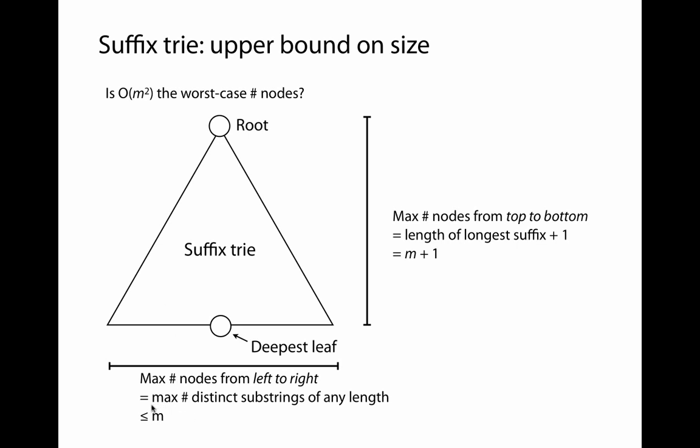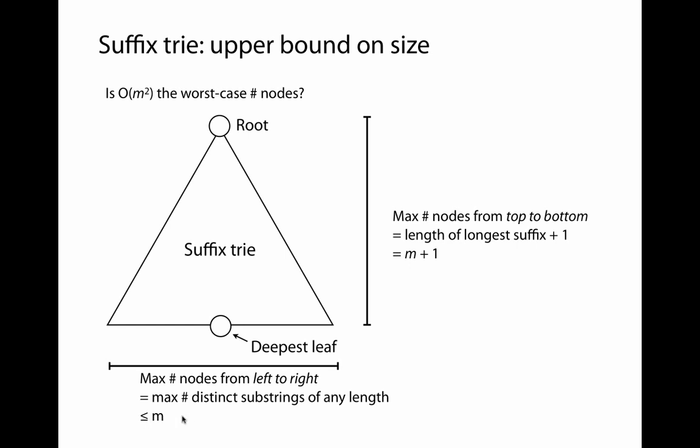And if you think about it, the maximum number of distinct substrings of any length has to be less than or equal to m. A way to think about that is, those substrings all have to fit within t. And so there can't be, for example, m substrings of length 2 within t, because that would actually require m plus 1 characters, and there are only m characters. So we can't have more than m distinct substrings of any length.